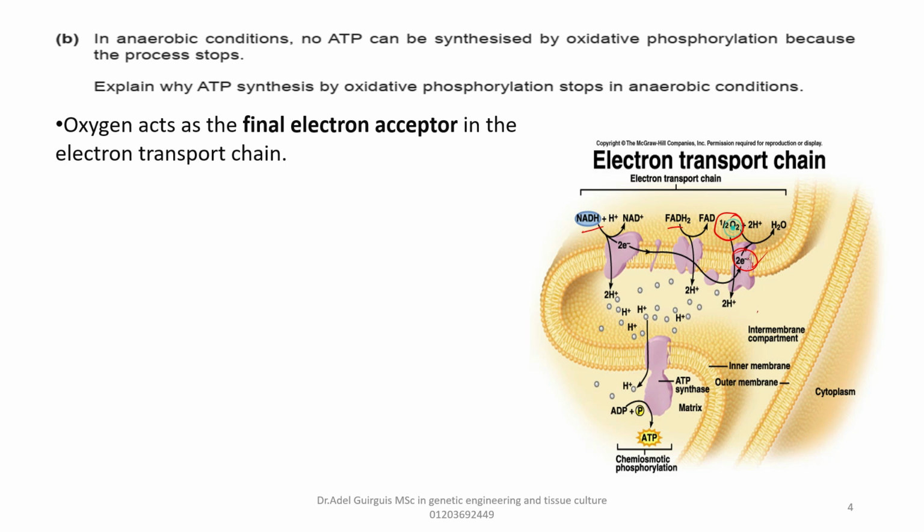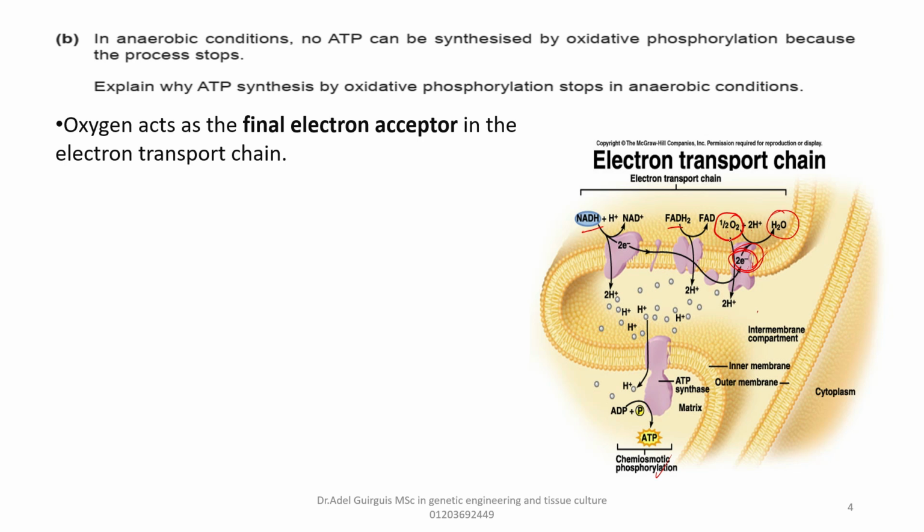Electrons finally are lowered in energy. Now they are ready to combine with half an oxygen and 2 protons to form water in a process called chemiosmotic phosphorylation. Look please: explain why ATP synthesis by oxidative phosphorylation stops in anaerobic conditions.